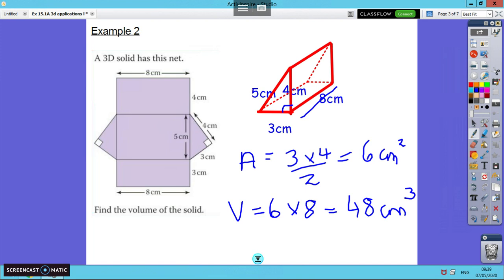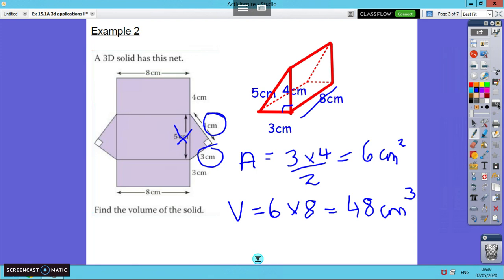Okay, so that's all you'd need to do, but I always like to draw myself a little 3D shape just to get an idea of what the shape's going to look like. You should know to use these two to find your area of the triangle because they have the right angle between them. Okay, you should not use this one because that does not have a perpendicular line to it that you need for the triangle.